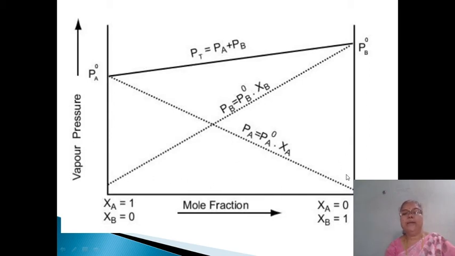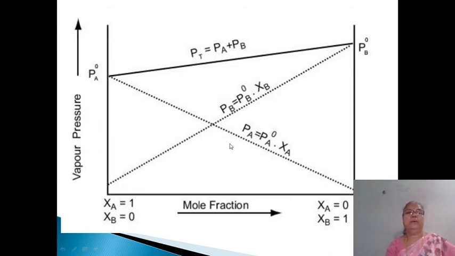And the condition of Raoult's law is that the graph of vapor pressure versus mole fraction must be a straight line. Here our solution obeys Raoult's law. Therefore we get, for A constituent as well as for B constituent, two straight lines. Therefore our solution is an ideal solution.